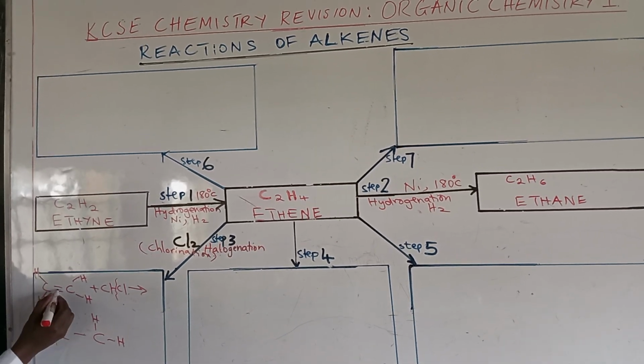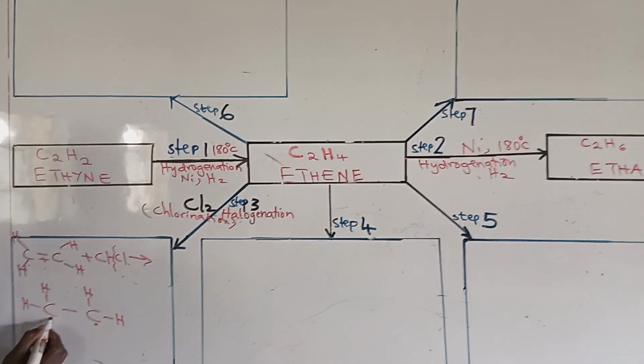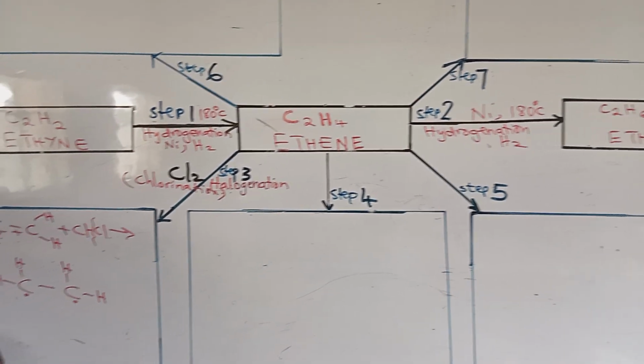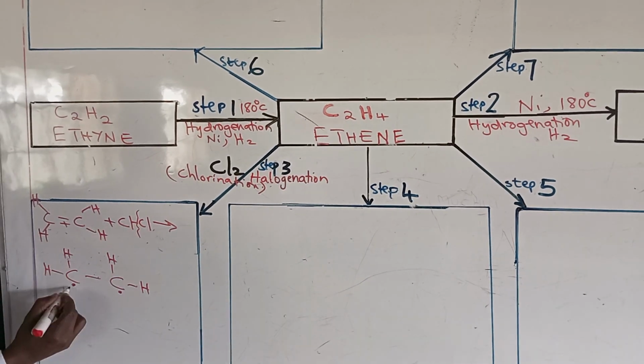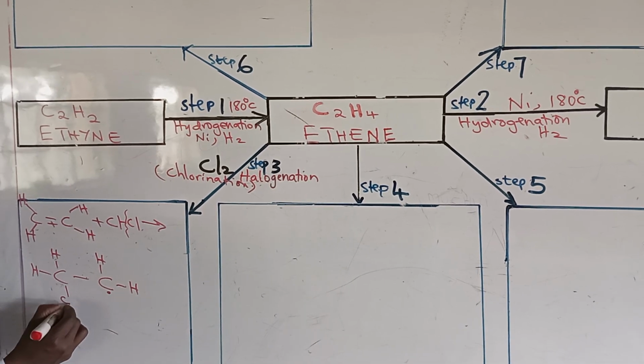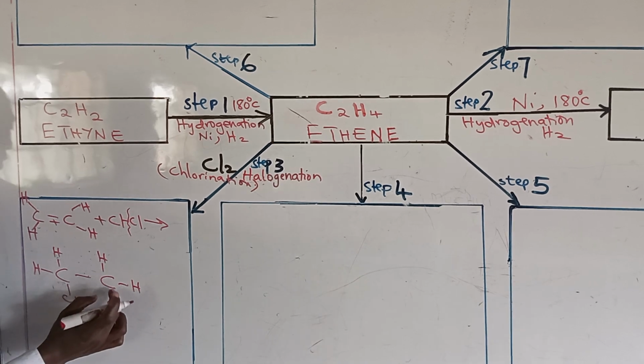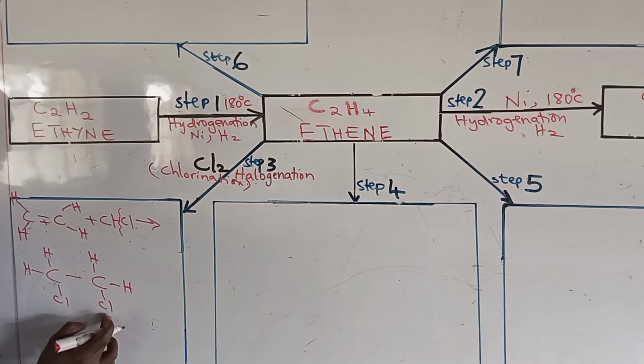The breaking of this double bond creates an electron at this point, another one at that point, and the chlorine atoms attach there, such that we have a complete covalent bond between the carbon and the chlorine.